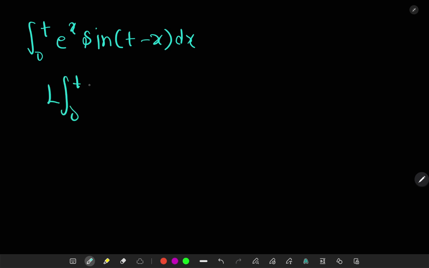Let's do a question on the convolution theorem. This value is given, and we need to find its Laplace transformation using the convolution theorem.